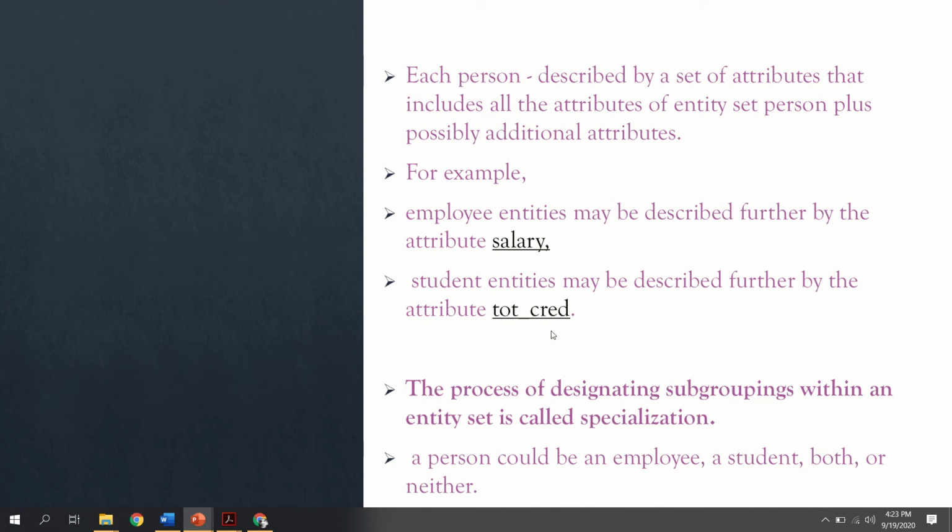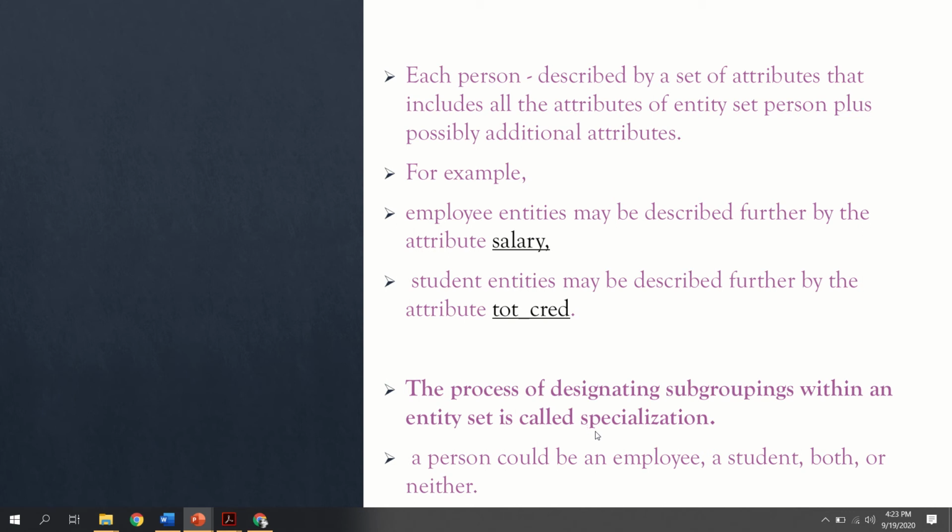First of all, we took a person from a university. Based on certain attributes, we divided that person into either an employee or a student. This type of subgrouping based on some values is called specialization.